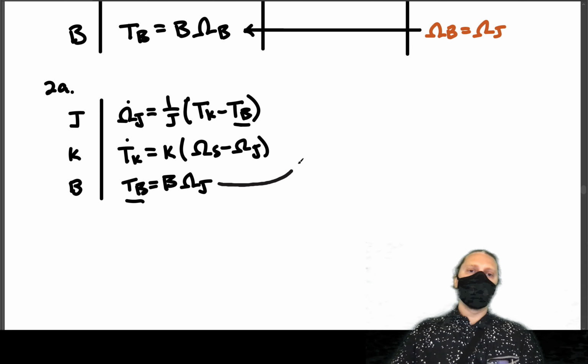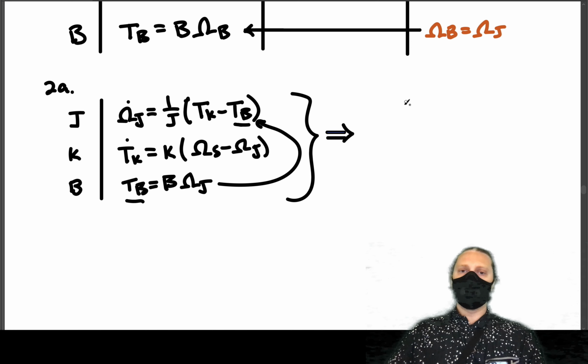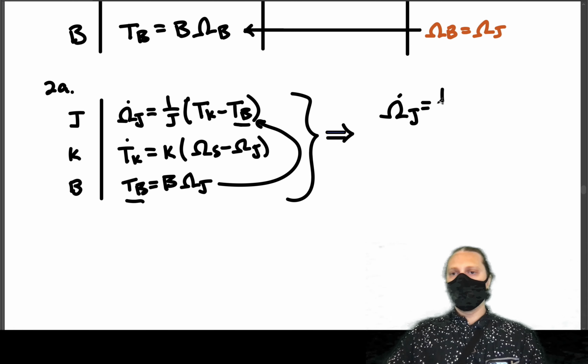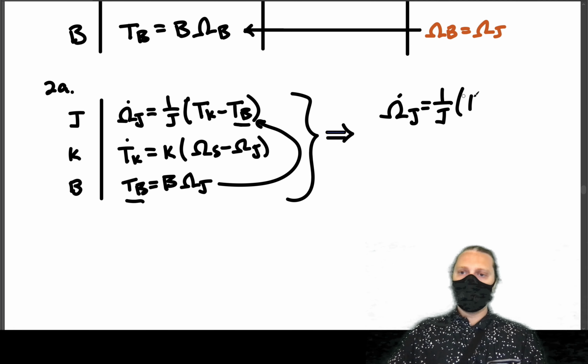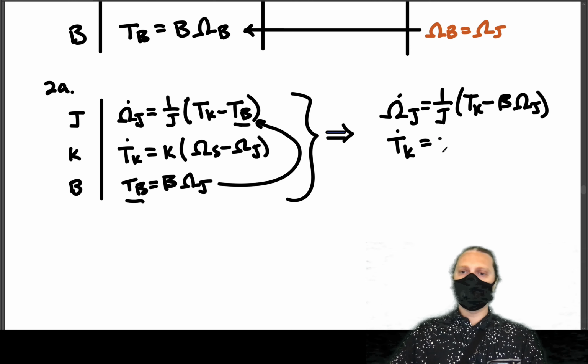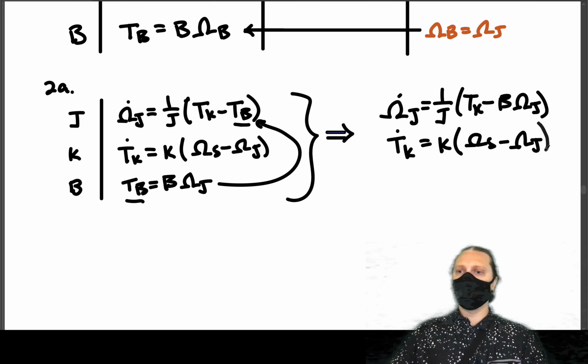Conveniently, we can do that by a simple substitution, which lets us go from these equations to the set of equations: omega J dot equals 1 over J times T_K minus, instead of T_B, it's B omega J, and T_K dot, the second equation, is the same as it was, K times omega S minus omega J. We didn't need to get rid of anything in it.